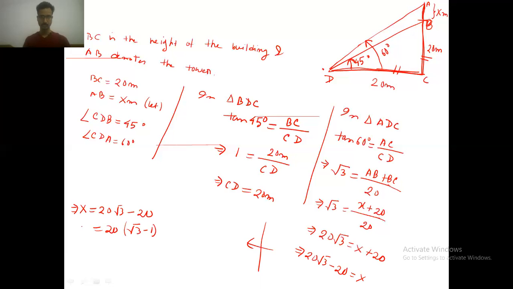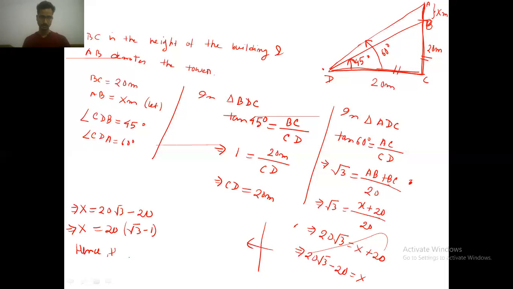Yes or no? This is the value of x. That means the length of the tower is 20 whole root 3 minus 1. Yes or no? So write that the length of the tower will be 20 into whole root 3 minus 1. Yes or no?